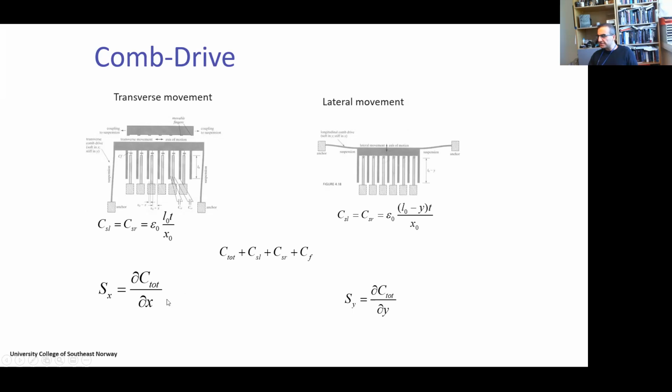We can also define the sensitivity as delta C, the change in C total, over delta x for the transverse movement, and over delta y for the lateral movement. So y and x are the direction of the movement.